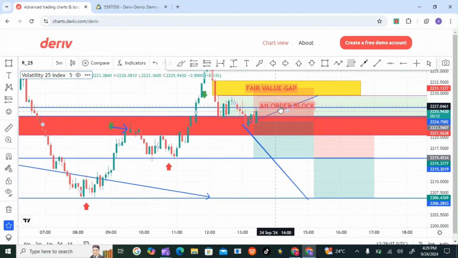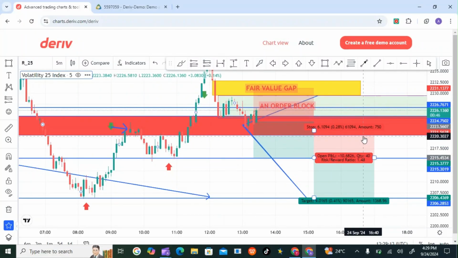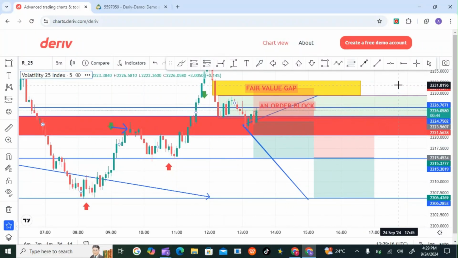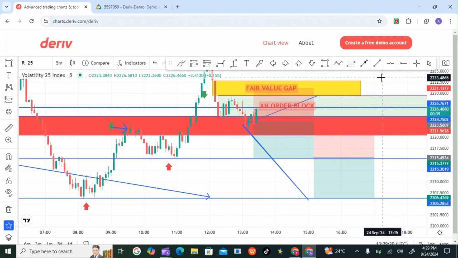But for someone who has analyzed and knows how to deal with this analysis, you will wait for the market until it respects and moves in your direction. So I'm here with you guys to see whether, after analyzing, the markets obey or do not obey. We can see there is a fair value gap.